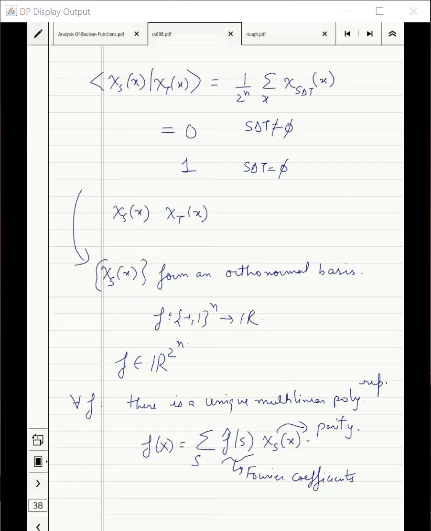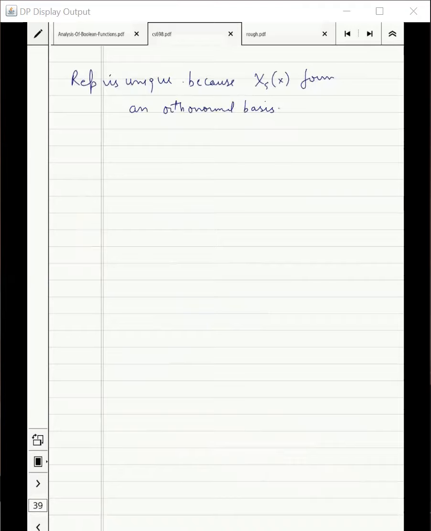Knowing all this in the background, the important thing is that every function, not a Boolean function, but where we extended the range to R, can be thought of as a vector in R to the power 2 to the power n. It has a unique multilinear representation. It is unique because these nice parities are going to be very, very important. They form an orthonormal basis.